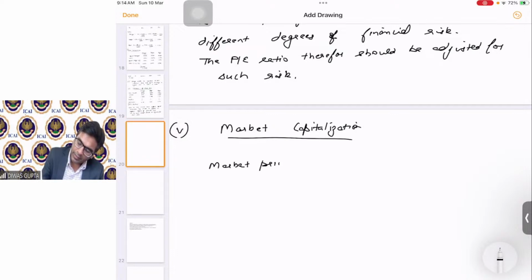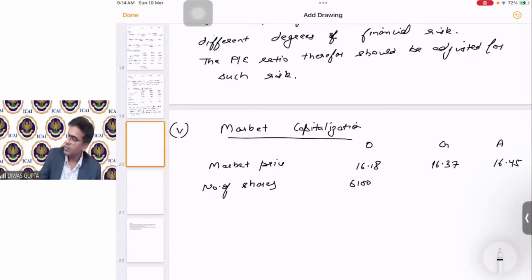Market price for orange, grapes, and apple: 16.18, 16.37 and 16.45. Number of shares: 6100, 8300 and 10,000.